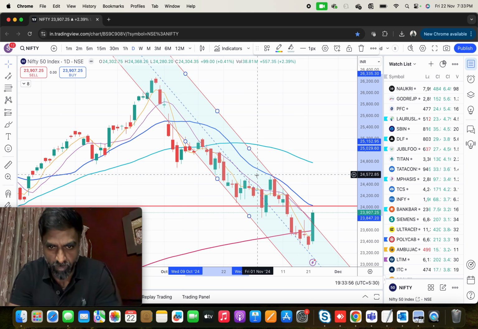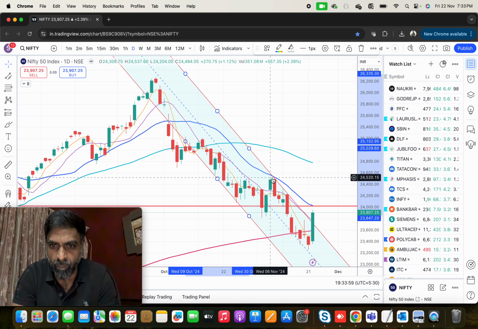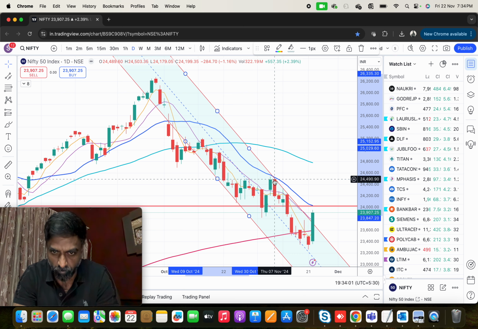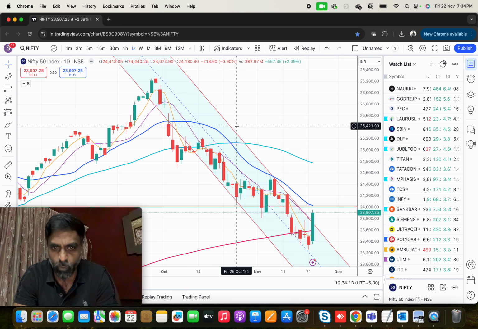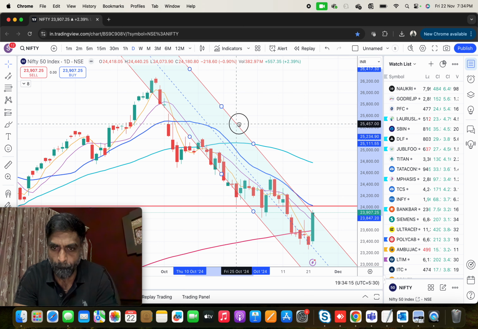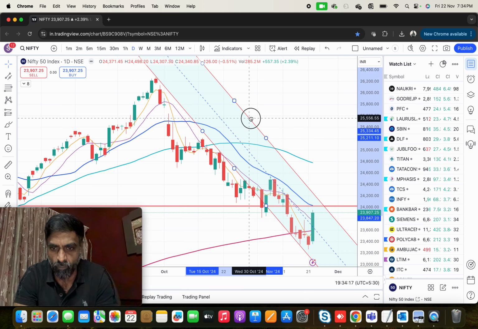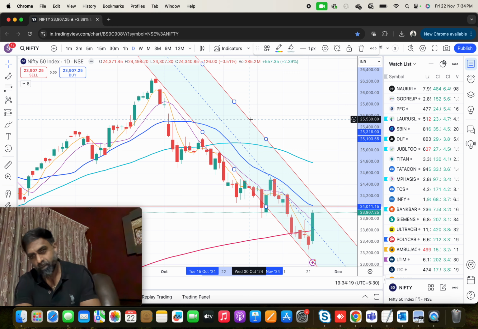Now if you notice again here, from this bottom it again touched the top of the channel, and again started a dip. Now again, if you notice, the middle of the channel is holding. So let's move again one more time. So this is where we are.